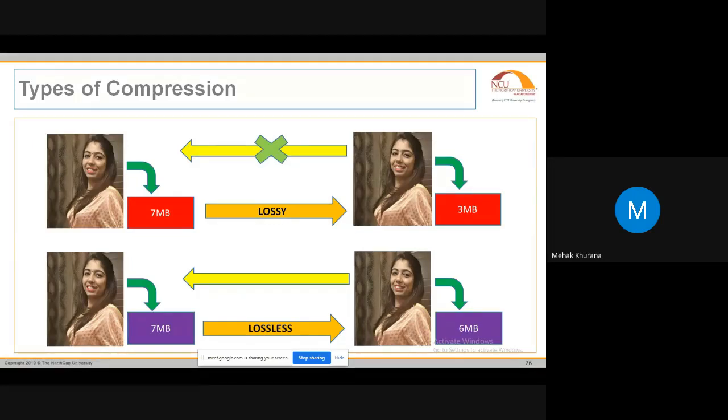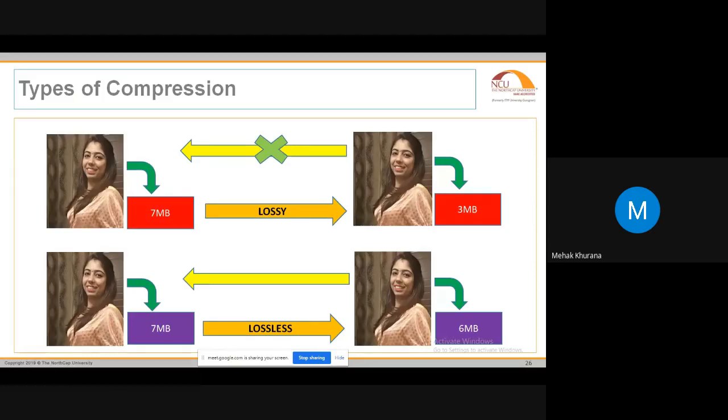When I try to recover it back, as you can see, it cannot be recovered, because a lot of information and the redundant bits in the message were removed. But the image quality has not been reduced to such a level that I am able to differentiate between the two images.